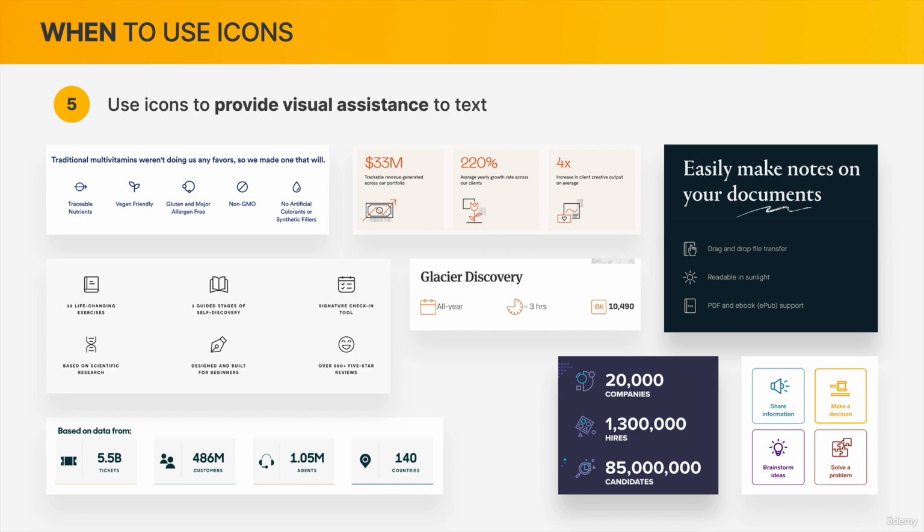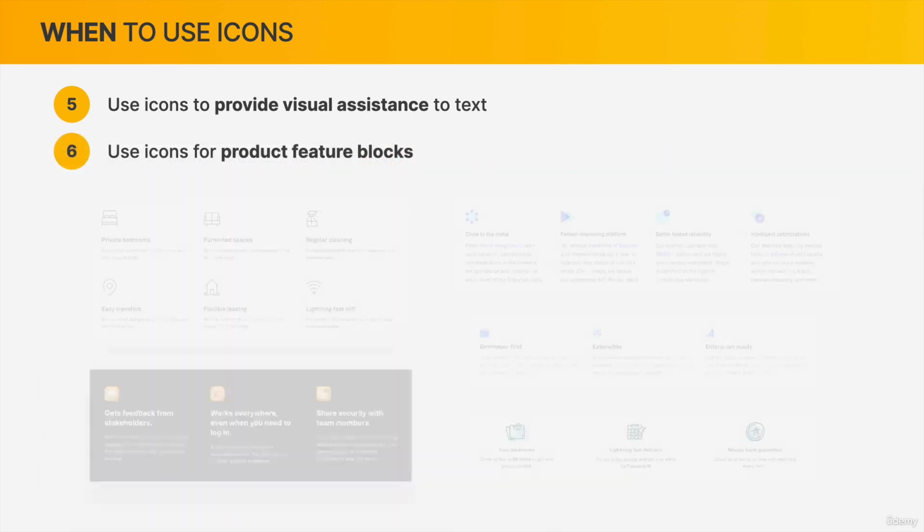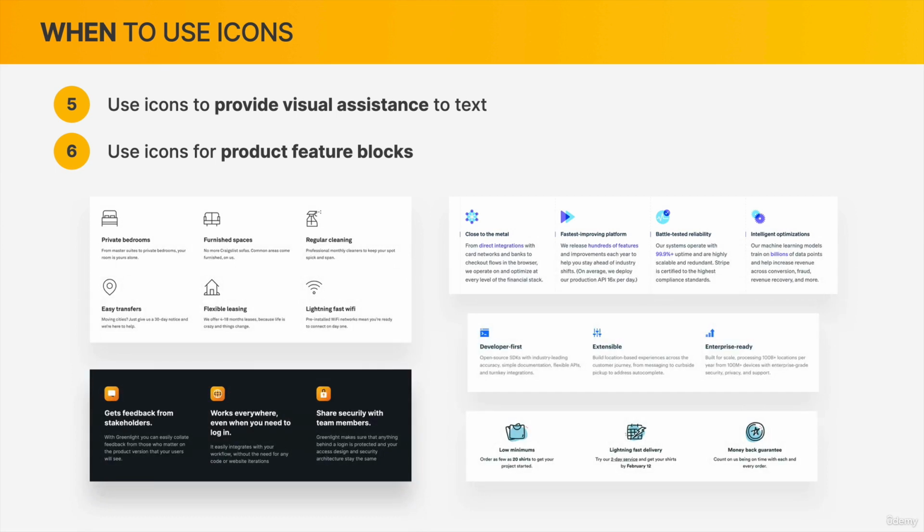Now, probably the most common use case of all for icons is to build feature blocks. So feature blocks are something like this, where you usually have an icon at the top, then some smaller heading, and then a description. So the goal of these feature blocks is to basically describe the features of a certain product or service.